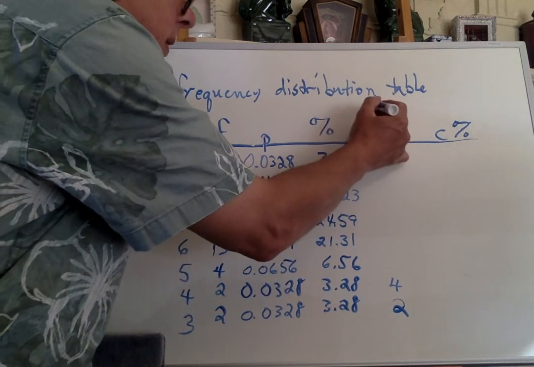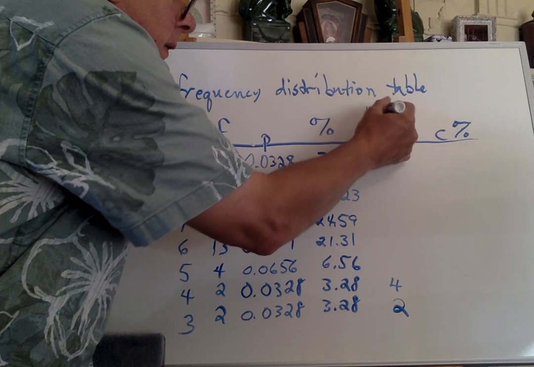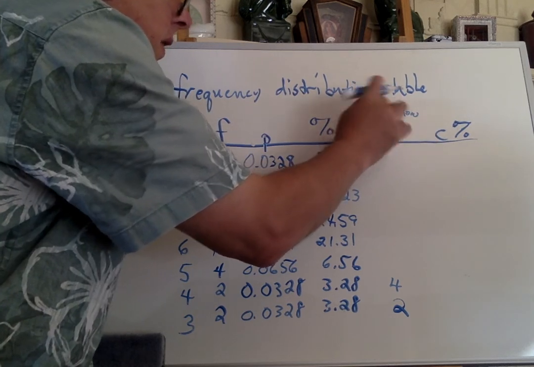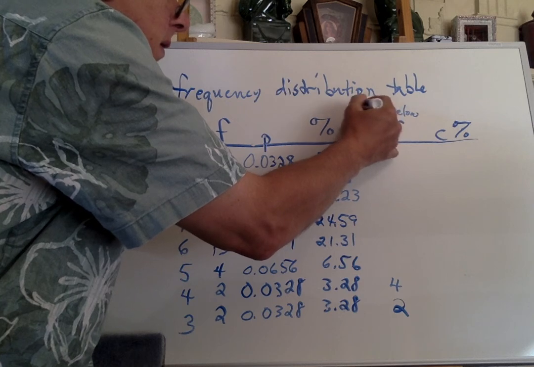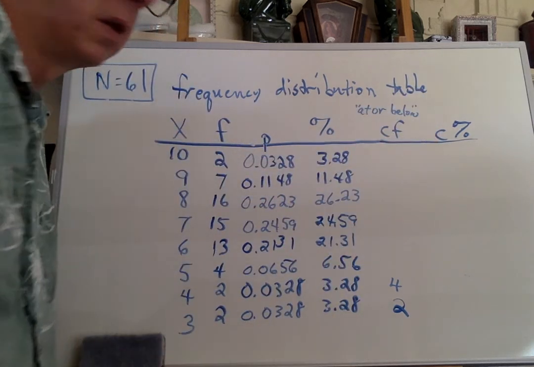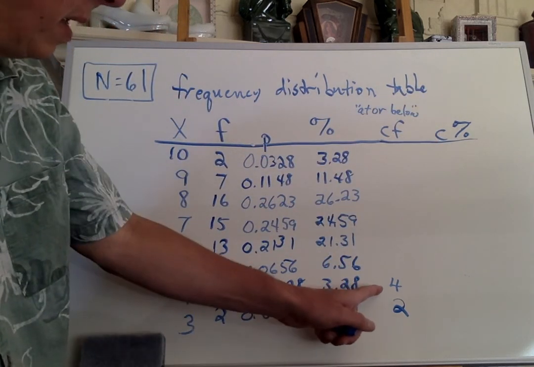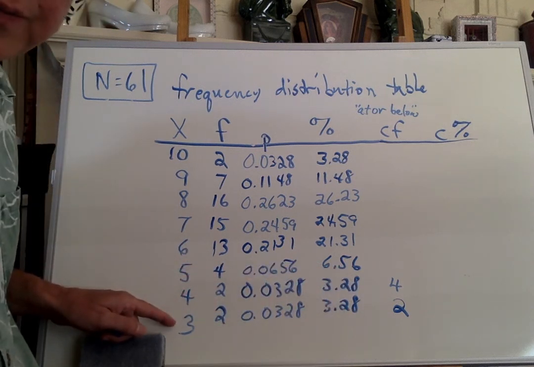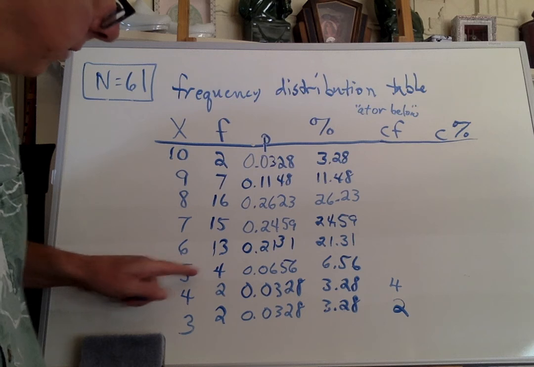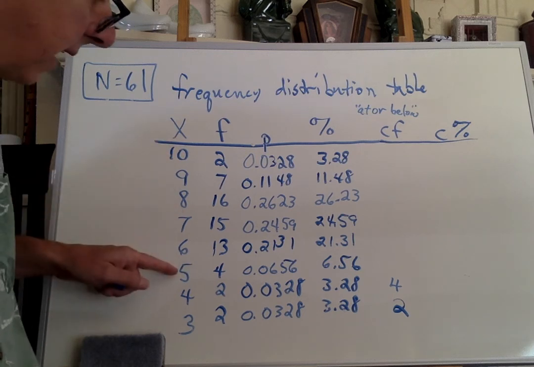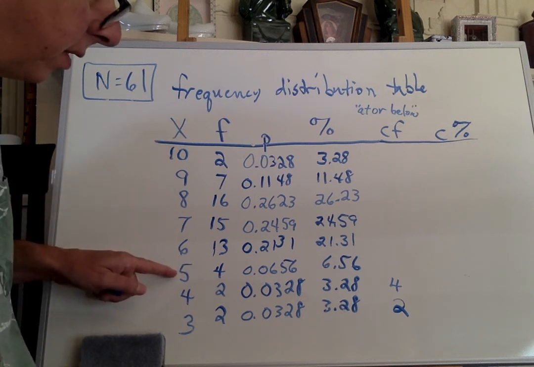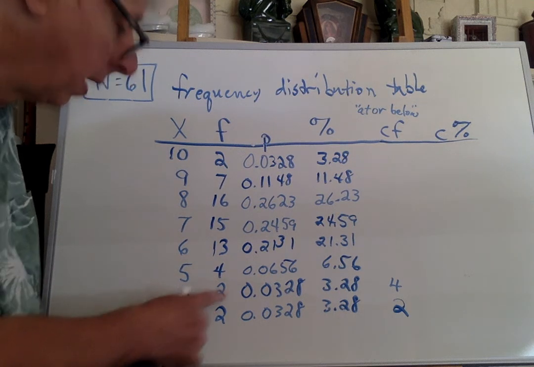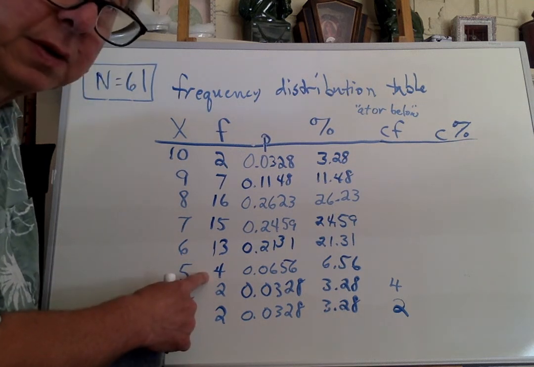And I always like to put up here, let me change this, this is at or below, okay? So 4 people had a score of 4 or below 4. When we get up to 5, that is our x value of 5, we have these 2 people, plus these 2 people, plus these 4 people.